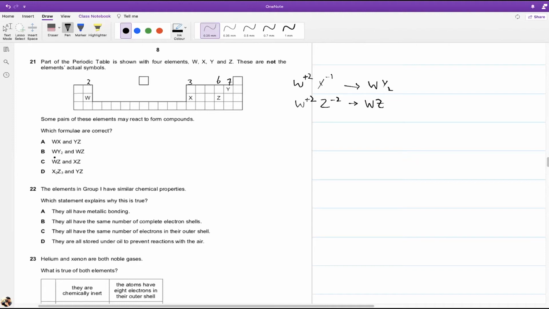That is possible, yeah. XZ is not possible because X is plus 3, Z is minus 2. The ratio will not work. X2Z3 is possible. YZ is not possible. We will need 2Y to react with 1Z.